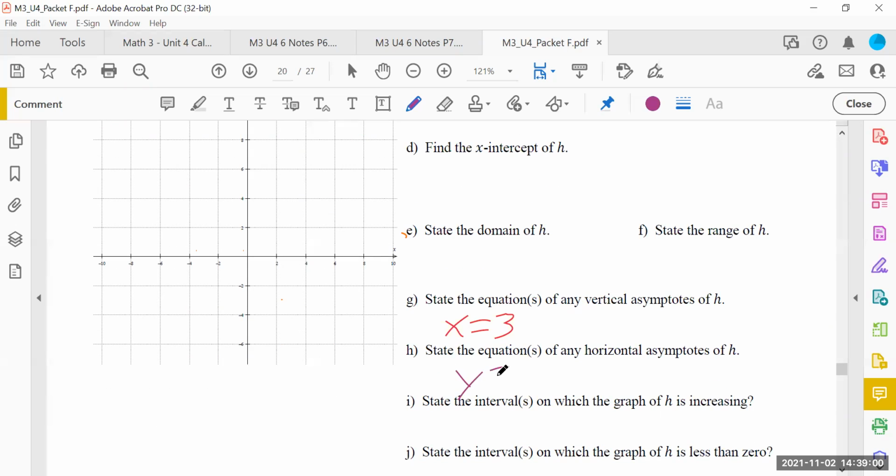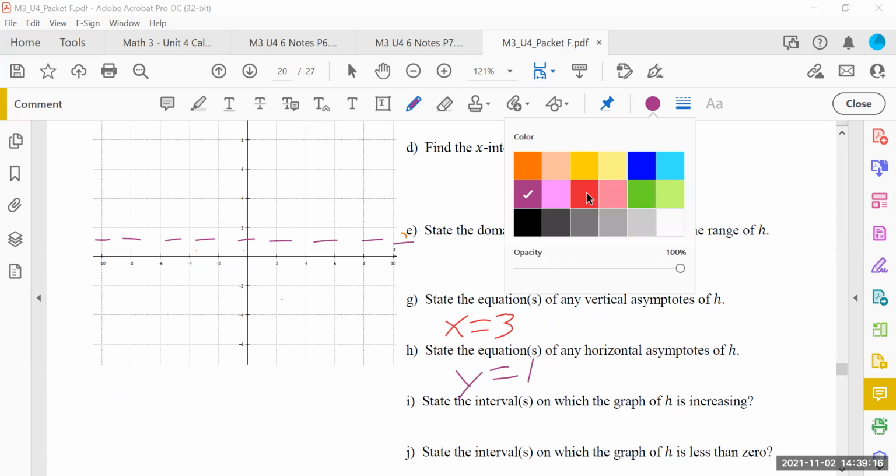Now, this has a little bit of an issue. Look closely at the graph. Each of those lines is not 1. Each of the lines is 2. So y equals 1 would be right here. X equals 3 would be right here.